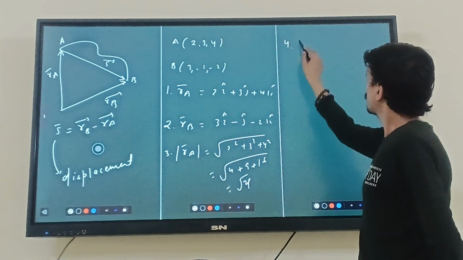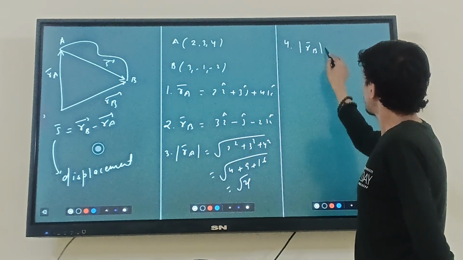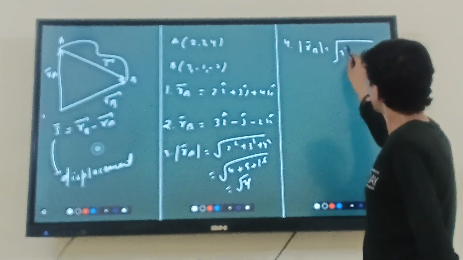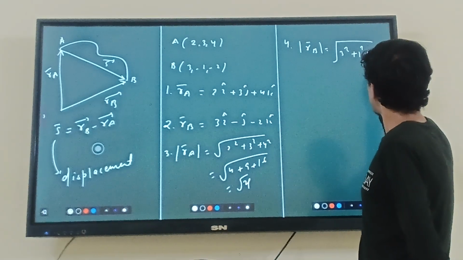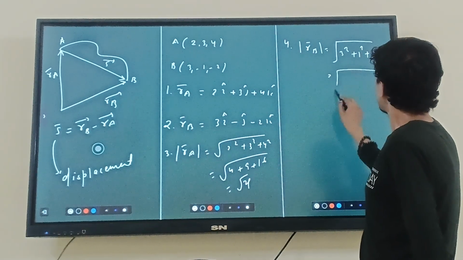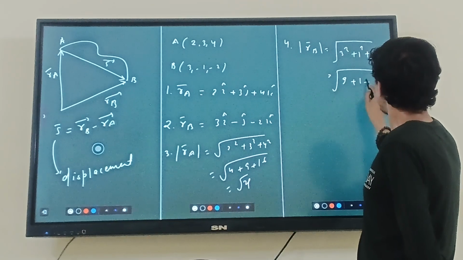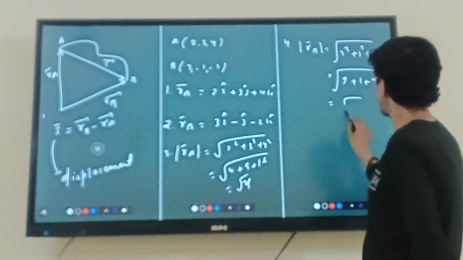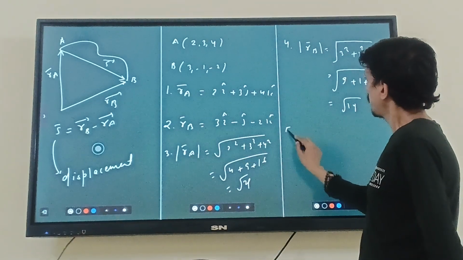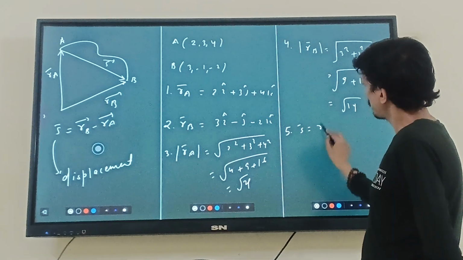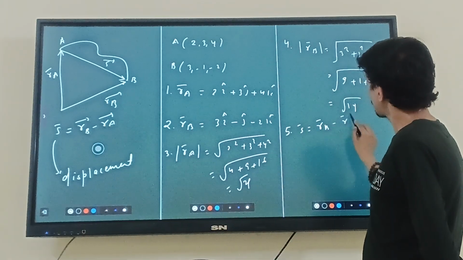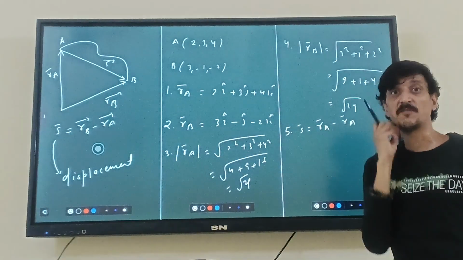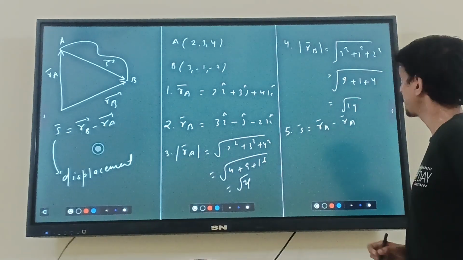Similarly, if we are being asked to find the magnitude of the position vector of B, that will be equal to root under 3 square plus 1 square plus 2 square. 3 square here is 9, 1 square is 1, 2 square is 4, so that is going to be root 14. Next question is we need to find displacement. So displacement is RB minus RA, and assume that B is the final point and A is the initial point.